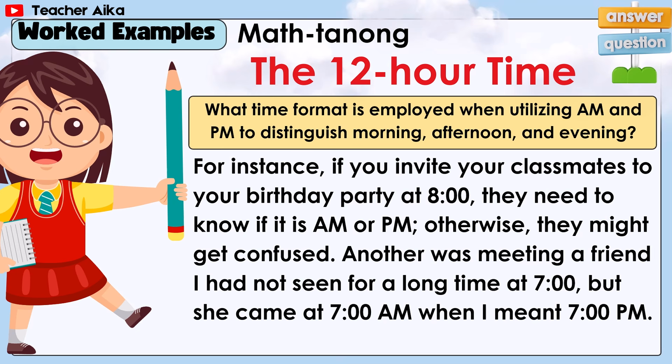For instance, if you invite your classmates to your birthday party at 8 o'clock, they need to know if it is AM or PM. Otherwise, they might get confused. Another was meeting a friend I had not seen for a long time at 7 o'clock. But she came at 7 AM, when I meant 7 p.m.?